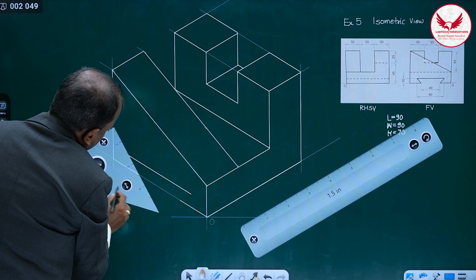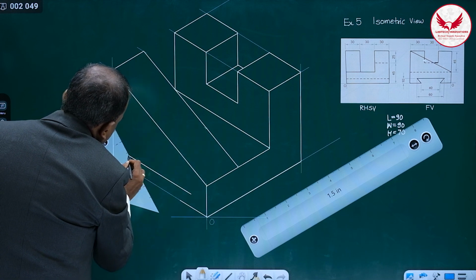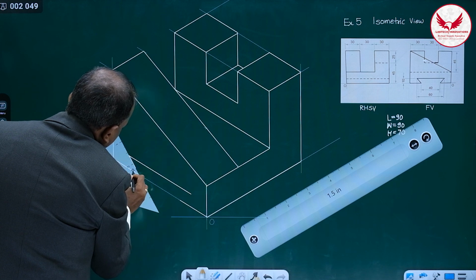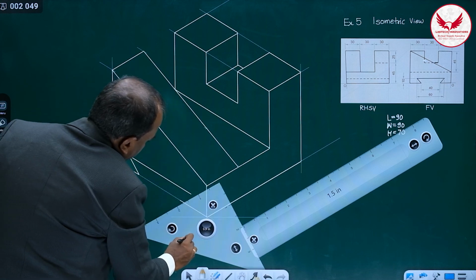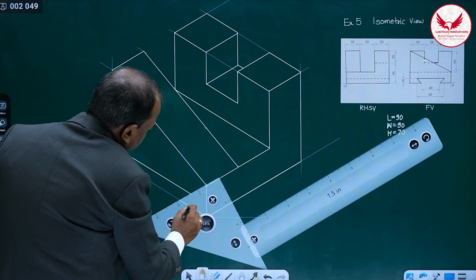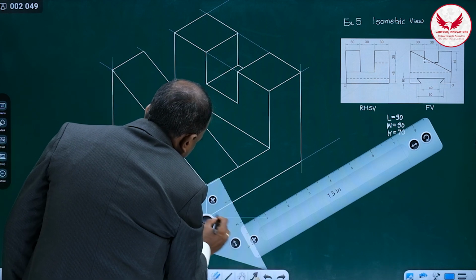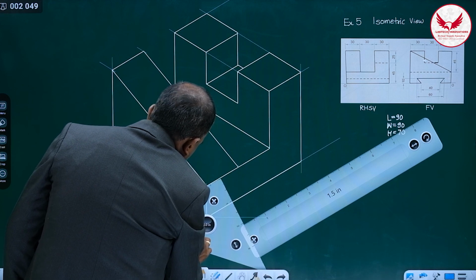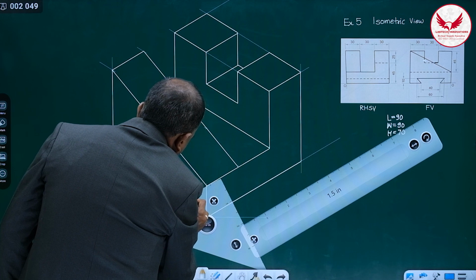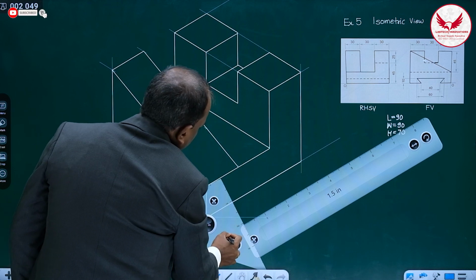This is the non-isometric line, its ends I have marked first, and now I'll join like this. And this also, these two ends I simply have to join.